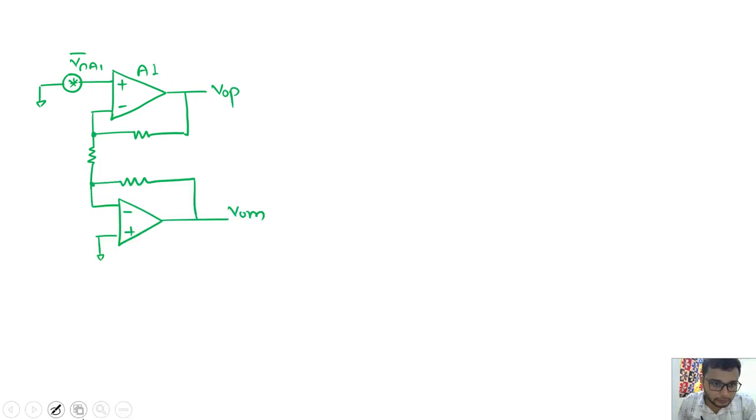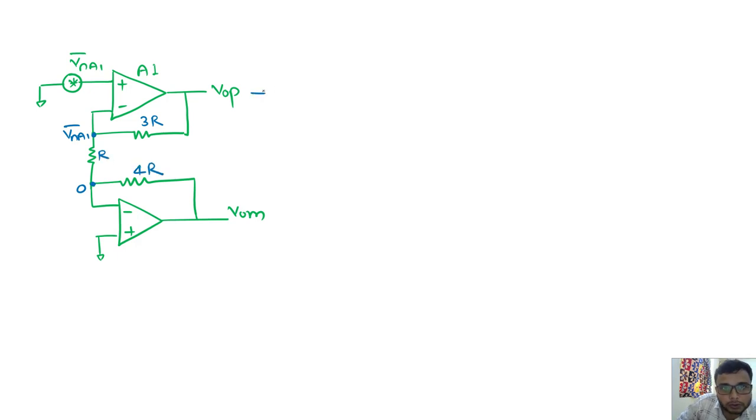So if I consider the noise of this amplifier here, this is Vn of A1, then how can it be written? The effect of this amplifier's noise at output, VOP. So what we can see here, this node is Vn of A1, this node is ground, so this is my 3R, R, 4R.